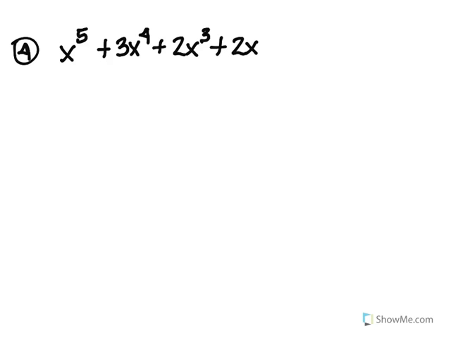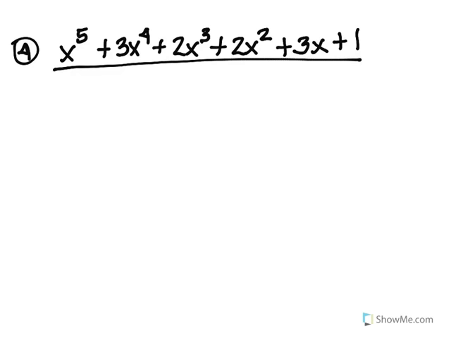Let's look at another one. x^5 + 3x^4 + 2x^3 + 2x^2 + 3x + 1, over x + 2.